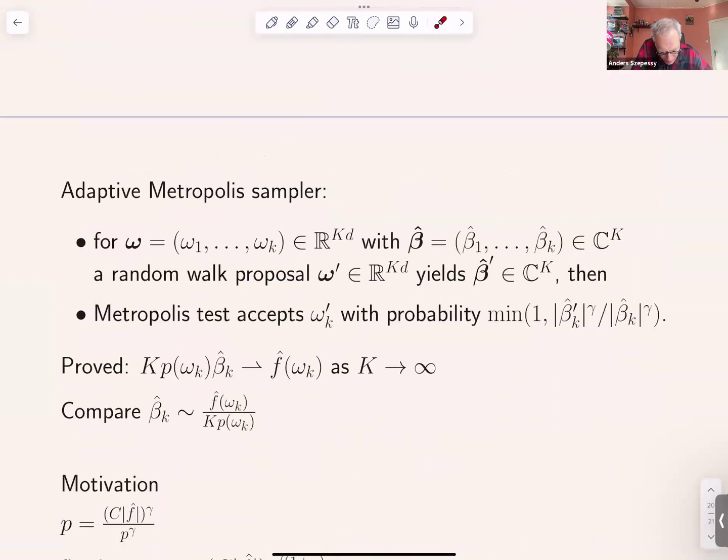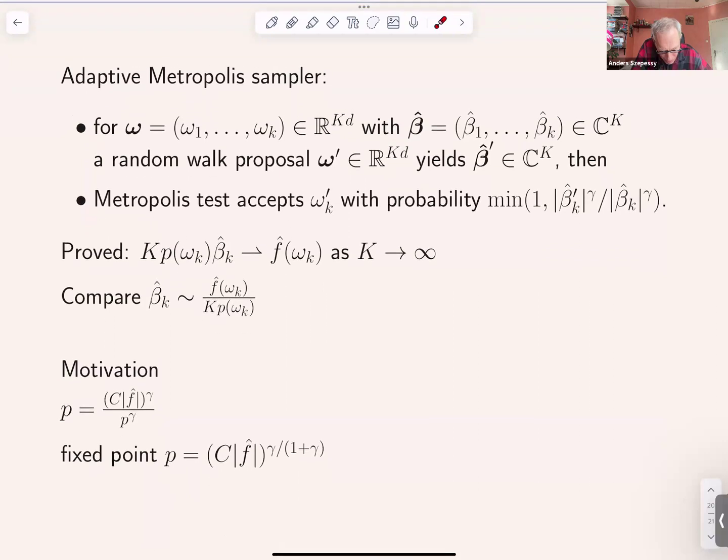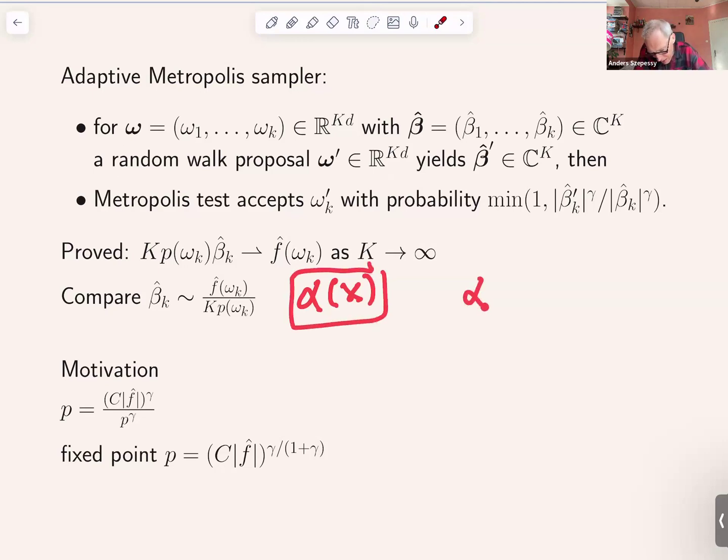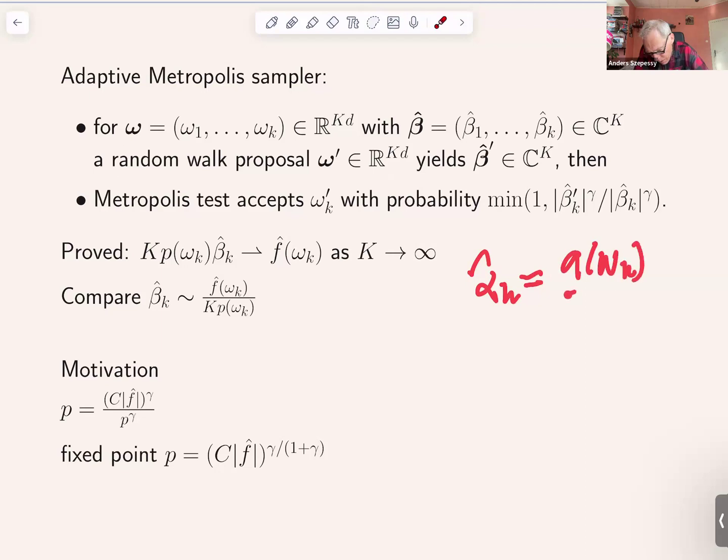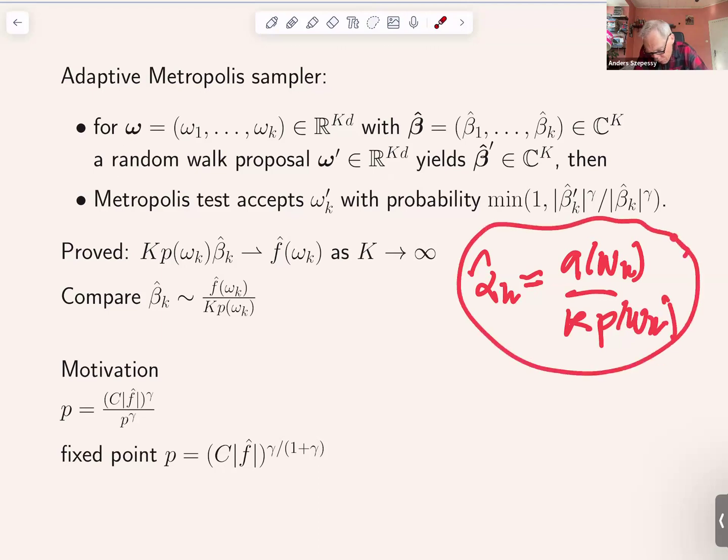And what we have proved before, so you remember when I had a test neural network alpha, then the amplitudes for that were a(omega k) divided by k p(omega k). Now if we take a Fourier neural network, I call it F instead.